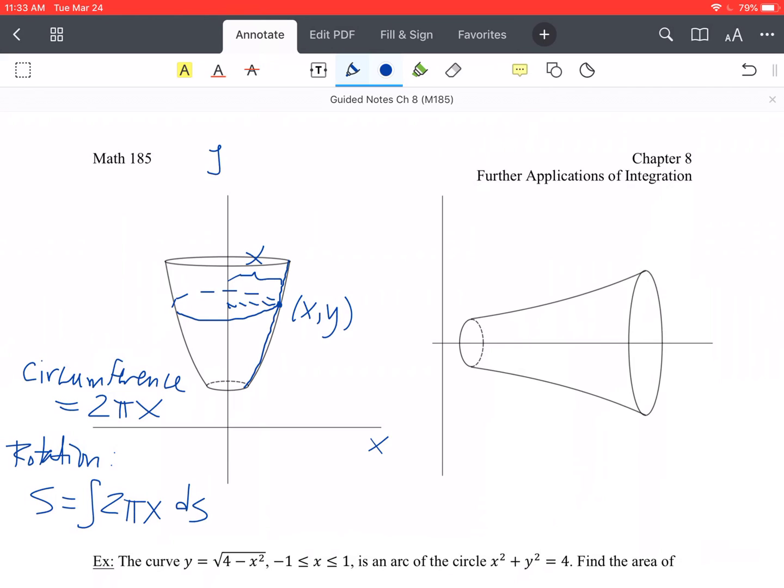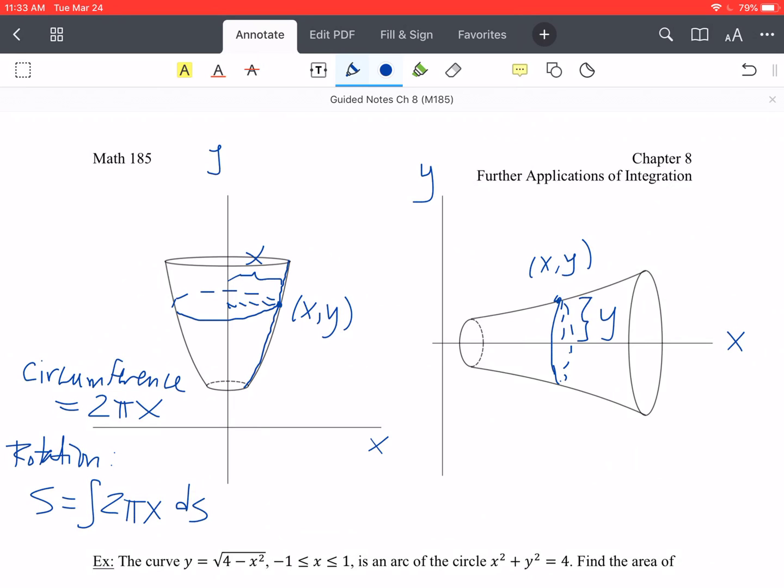Okay, and then similarly, if we're rotating about the x-axis here, so we have our point x comma y. That point gets rotated. So this radius in here is y.